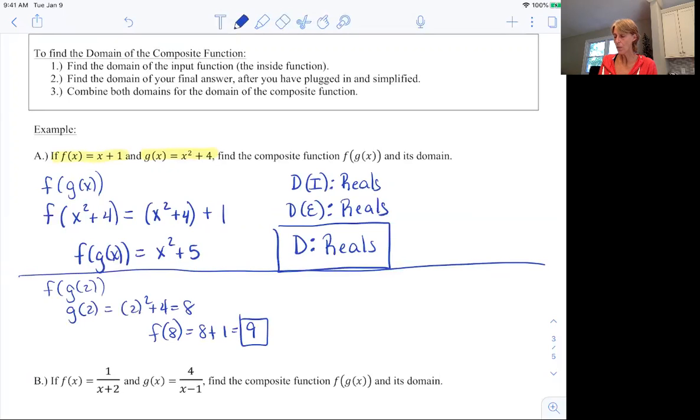So what this composition of functions did was it created a function where we can get to the final answer in one step. And so now instead of plugging in two steps, I'm going to use this rule, the rule I made.